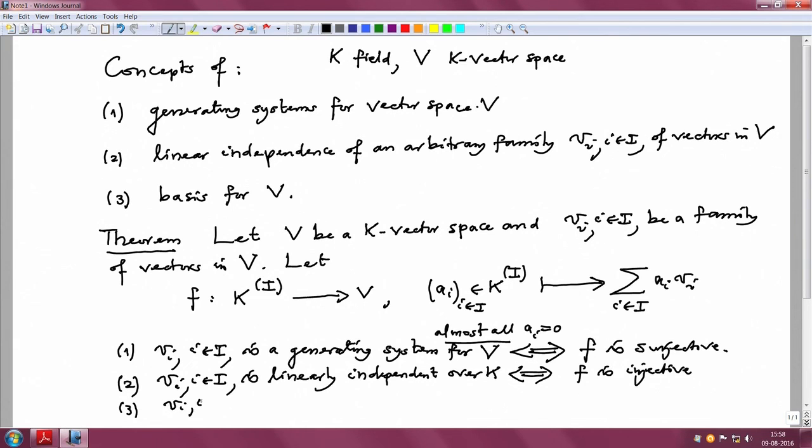So, Vi, i in I is a basis of V over K if and only if F is injective and surjective, that means F is bijective. Most of the time we will use this theorem, and later on maybe we consider isomorphism etc. It will tell us that every vector space V is isomorphic to one of this type, but I will repeat this when time comes.